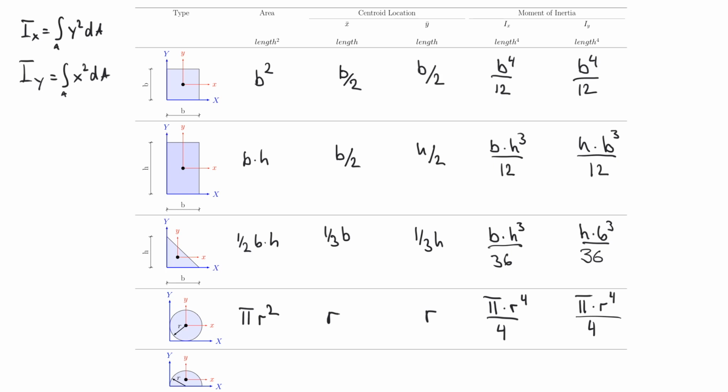Now for the semicircle, it's a little bit different, but maybe we can get there as well. So first of all, the area, half pi r square. And in the x direction, the distance from the coordinate origin to the centroid axis would be also r.